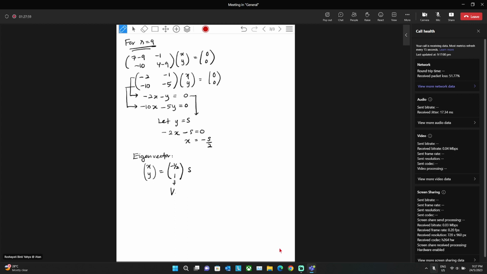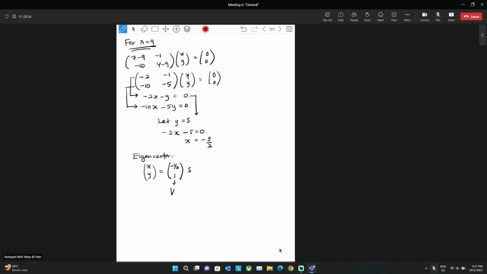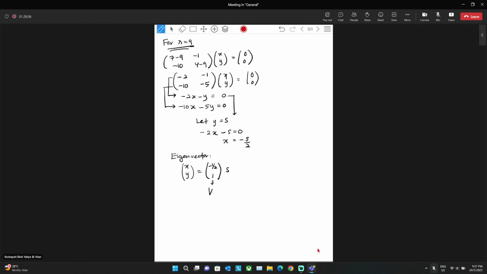So for the second lambda, lambda equal to 2.